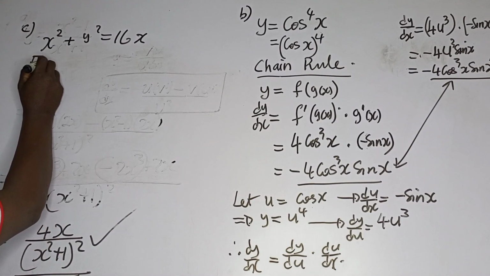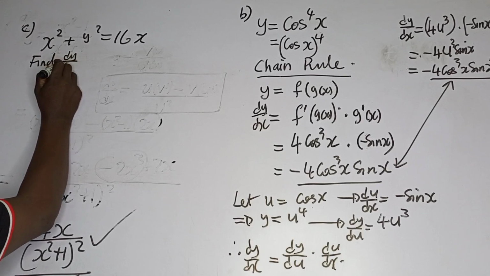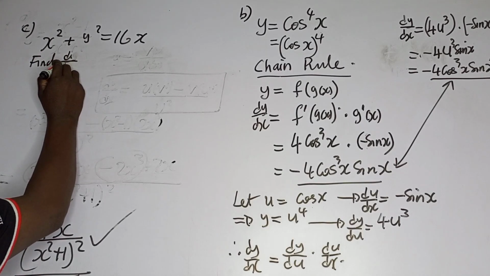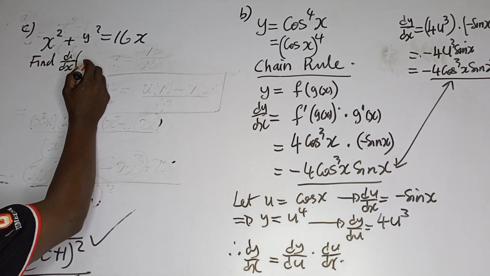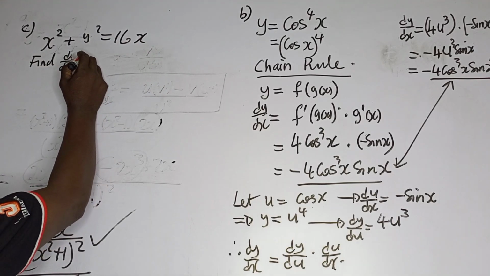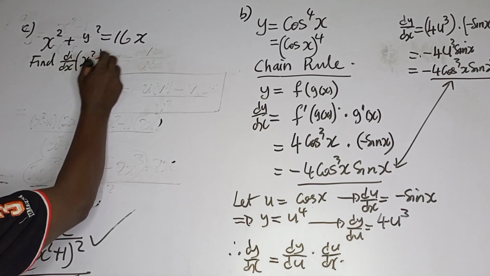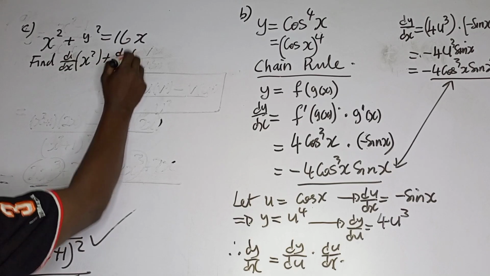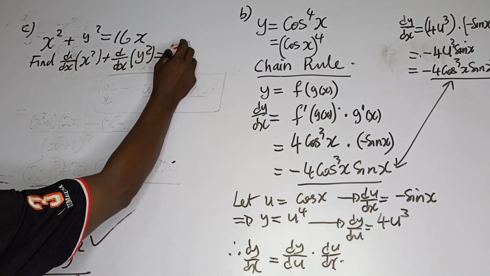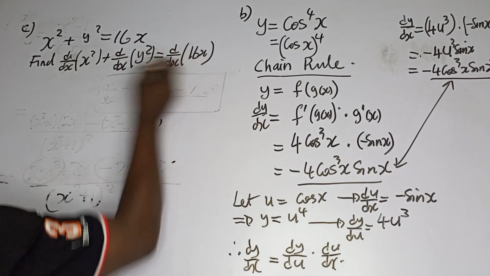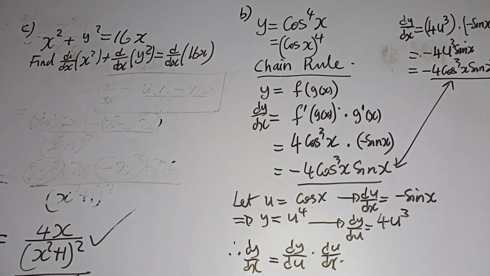So we take d/dx of x squared plus d/dx of y squared is equal to d/dx of 16x. We take d/dx of each term.